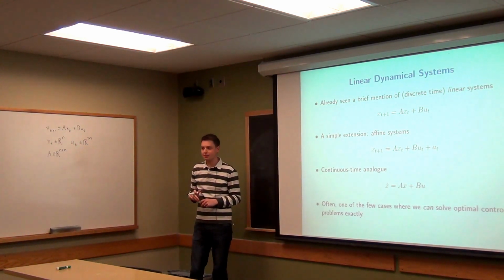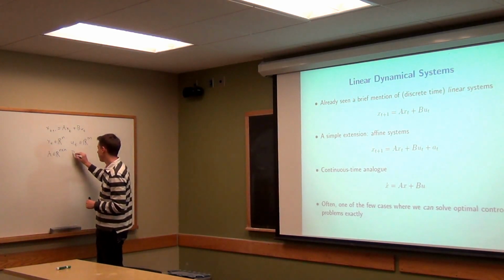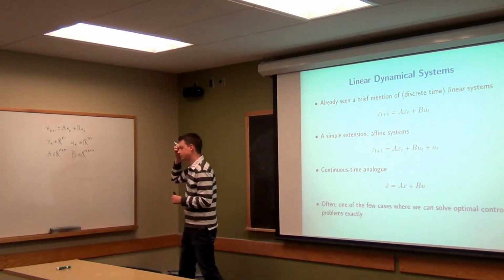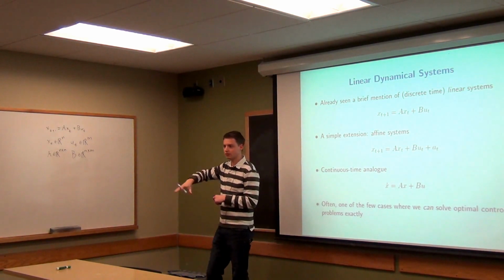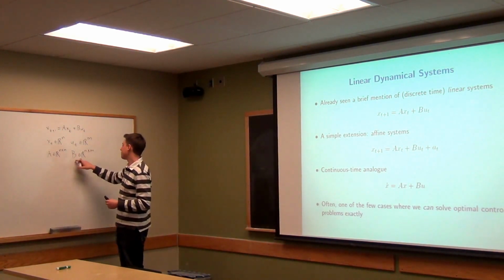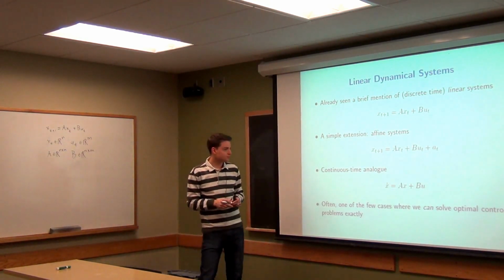Therefore, it has to be an n by n dimensional matrix. Similarly, B has to be an n by m matrix, right? Because we want to get out a state vector, or something we can add to an n-dimensional state vector, and we're going to have m different inputs.